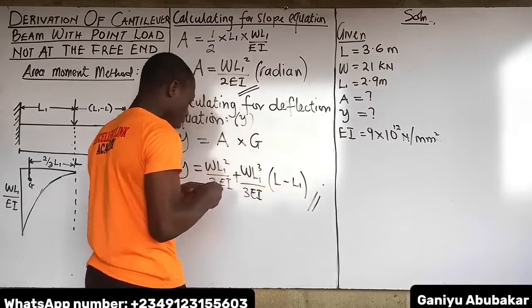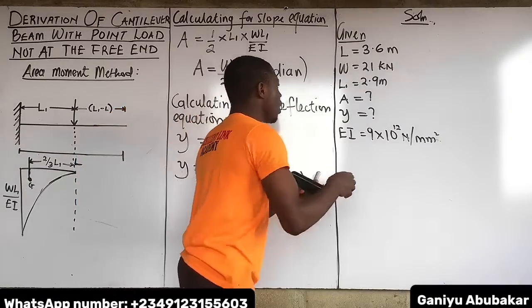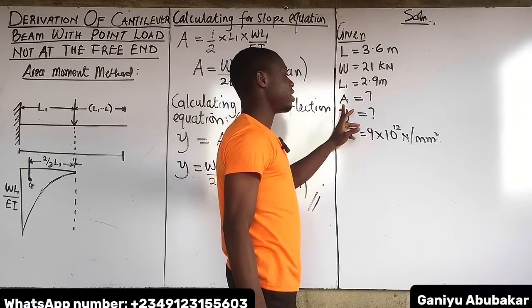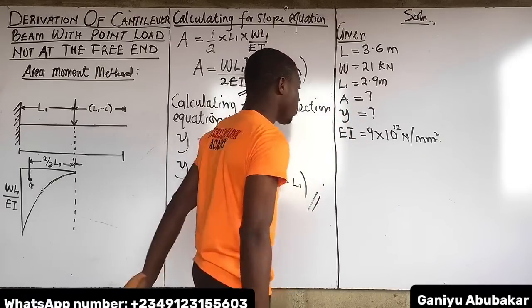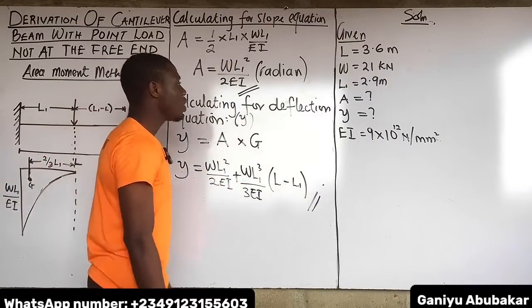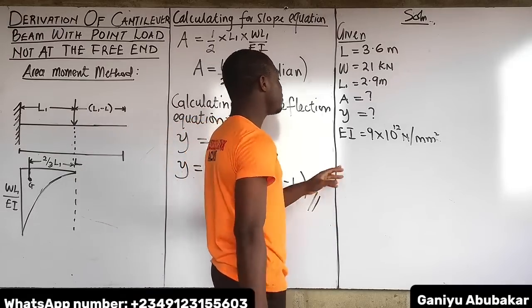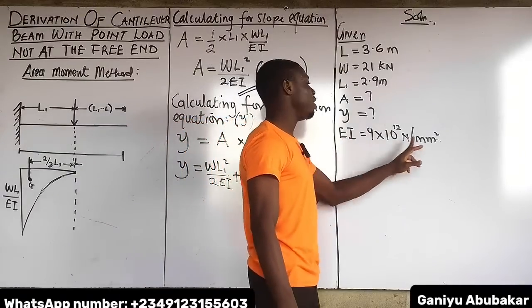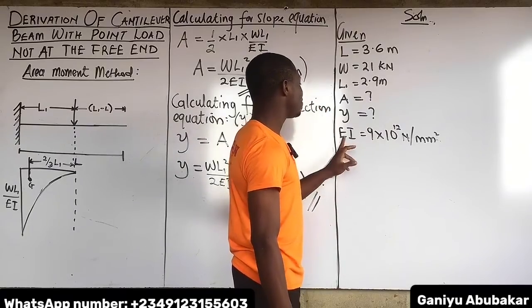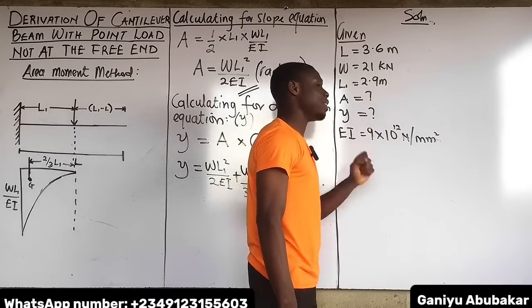So my first task now is to find the slope equation and deflection equation for this question by applying these two formulas. Before I move on, I'm seeing my EI in terms of millimeters, and I'm seeing it again in terms of Newton.